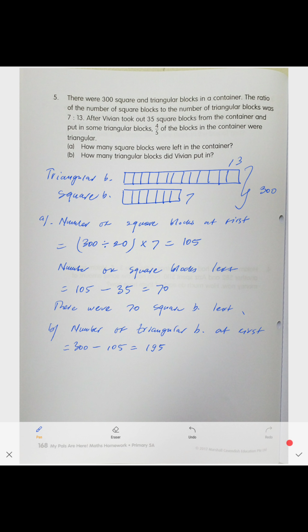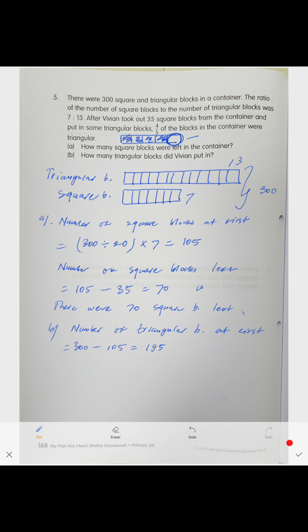If we look here in our last condition, 4/5 of the blocks in the container were triangular. So we have 5 units. These were triangular, and this is square. So this is what we found: number of square blocks left is 70. This is our fraction 1/5.